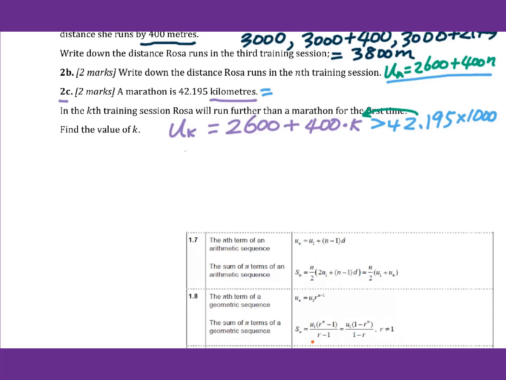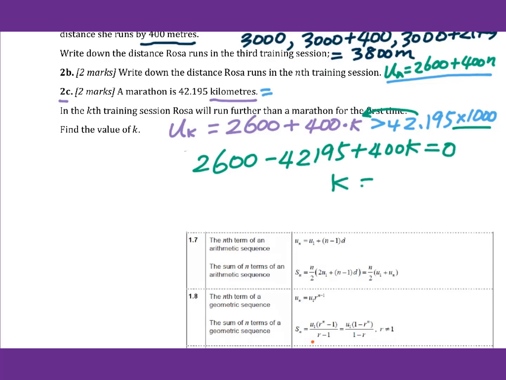We will set up equal to 0 first. So we get 2,600 minus 42,195 because you multiply by 1,000, plus 400K equals 0.